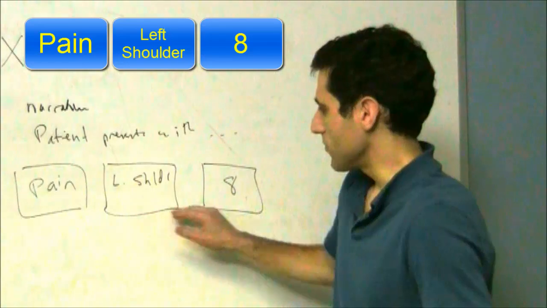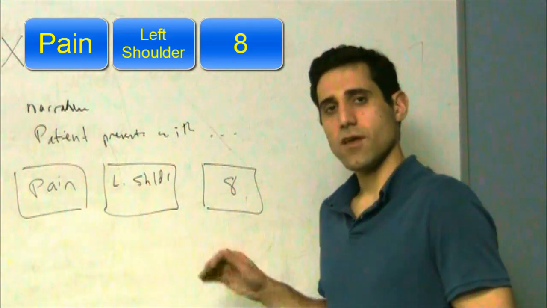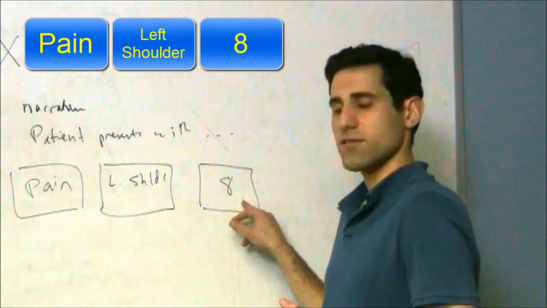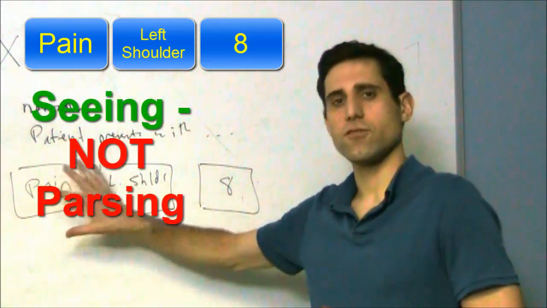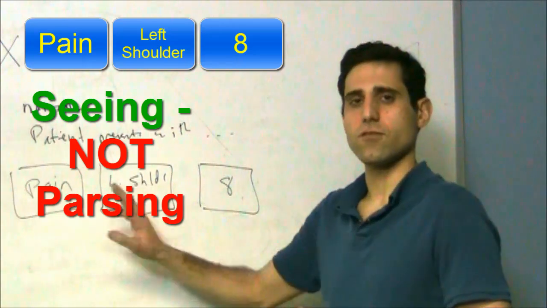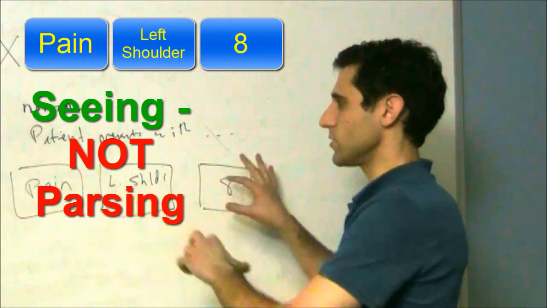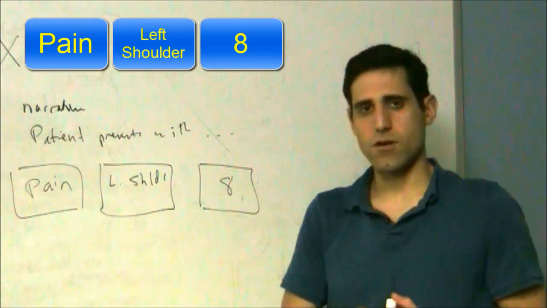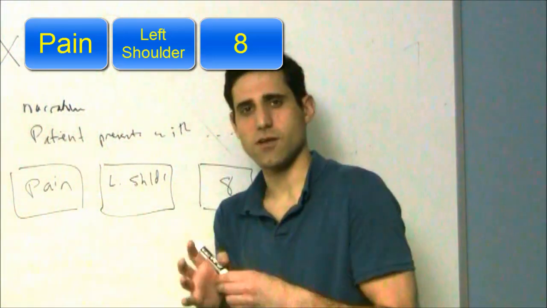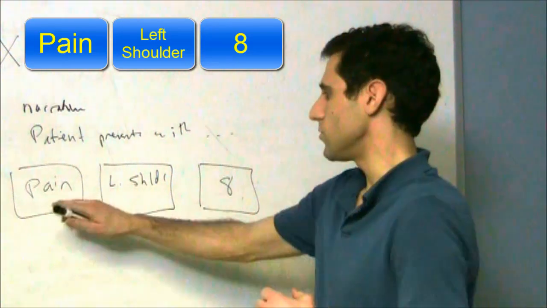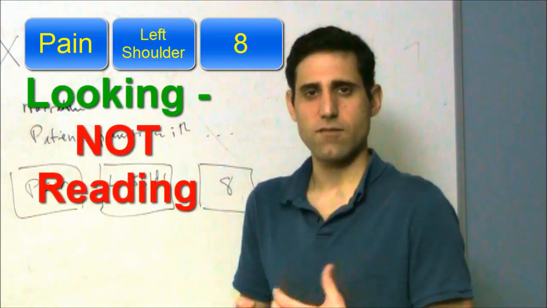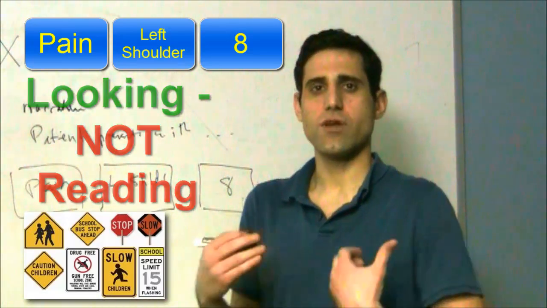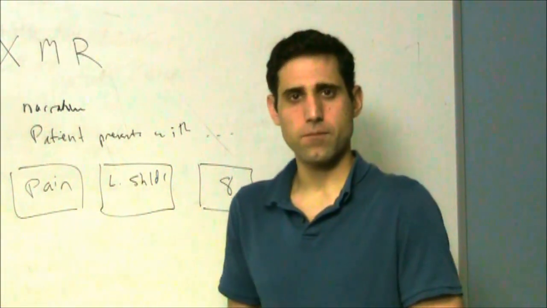By having the information in blocks like this, I can very quickly tell that this patient has left shoulder pain that's a level 8. I don't have to parse through the rest of the sentence. I don't have to understand exactly what's going on with the order of the words. And so this turns the activity from a very mentally intensive, very conscious level activity to a very automatic activity where I could just look at this almost like a street sign and react to it very, very quickly.